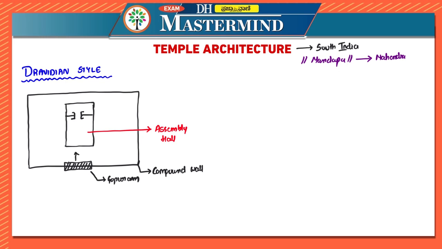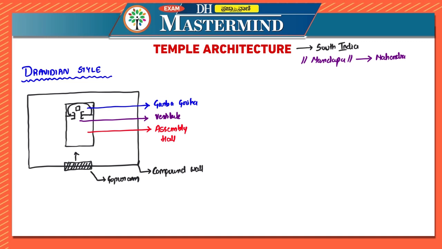This is the vestibule. And inside this, you have Garbhagriha or Sanctum Sanctorum. So you have compound walls, you have Gopuram, then you have assembly halls, and then you have vestibule. And then inside we have Garbhagriha.